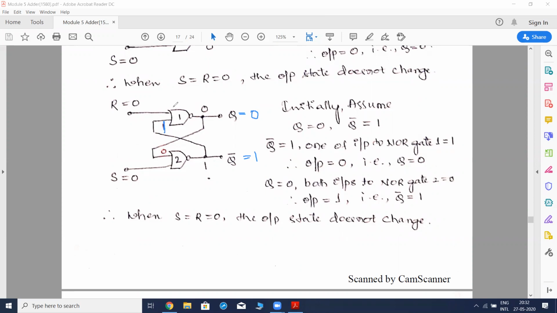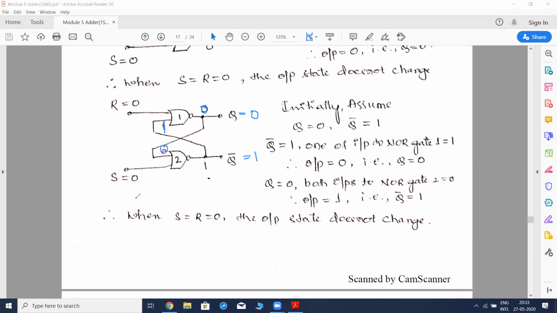That means to the first NOR gate, the inputs are 0 and 1. So the output is 0. So we have got Q as 0. That output comes over here as input. So when both the inputs are 0, output is 1. That means if we assume Q is equal to 0 or Q is equal to 1, the state of the latch is not going to change.